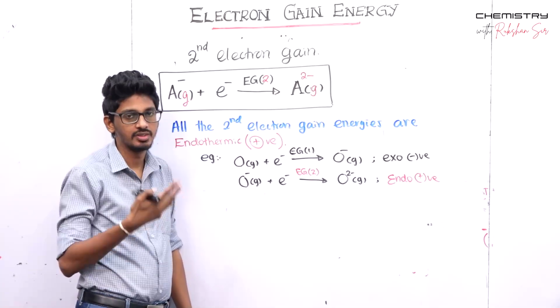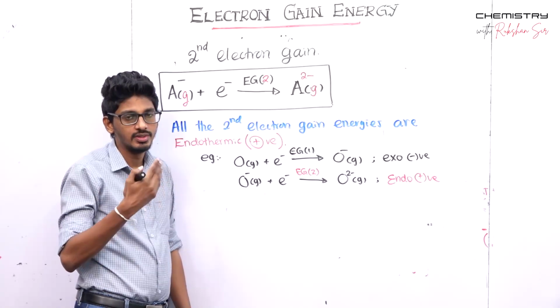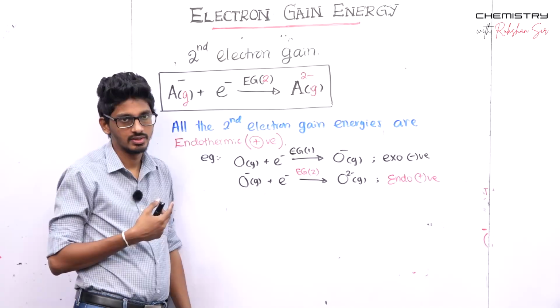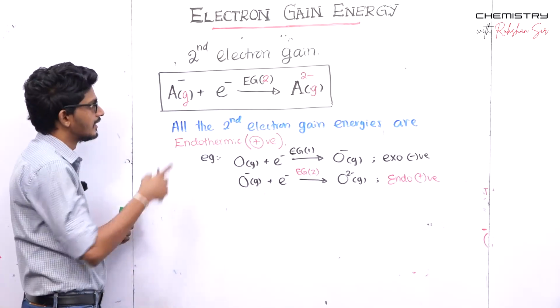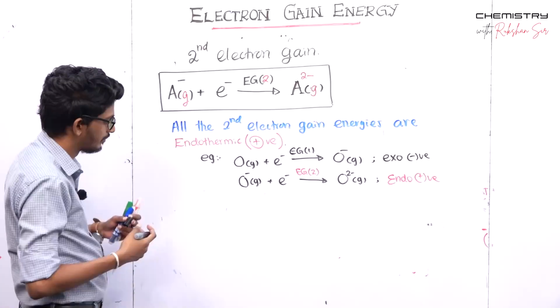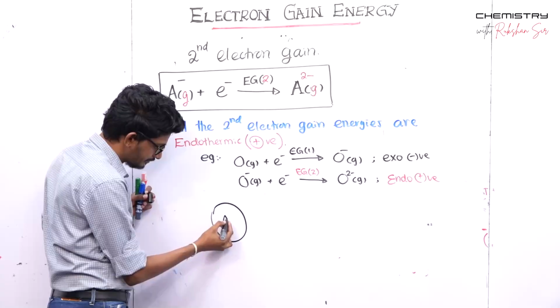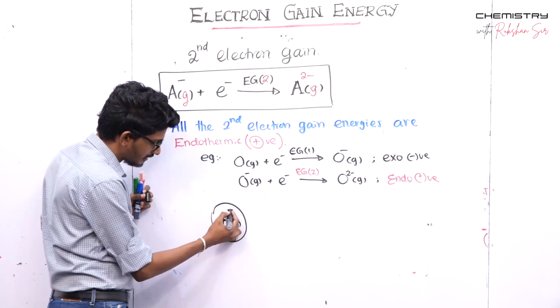Those have stable configurations and refuse to gain an electron, so the value for the electron gain is positive, endothermic. For the second electron gain, such a thing also appears. Why is that? Because you have a gaseous species which is negatively charged.